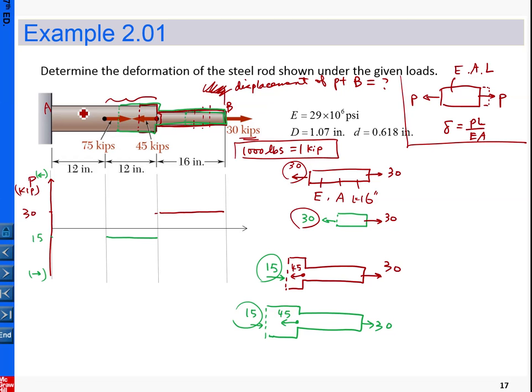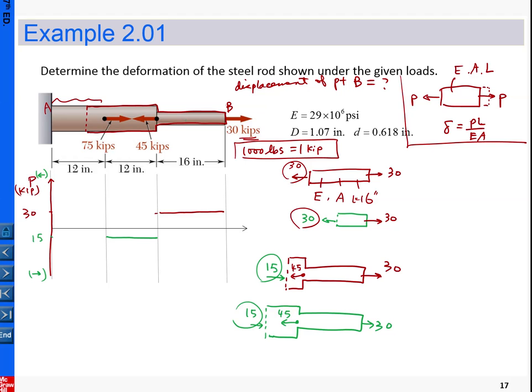For the next one, I'm going to go to the segment here. Again, my strategy, let me erase a little bit of the notations. Now I pick the cross section here, and that is the portion of the free body diagram I pick.